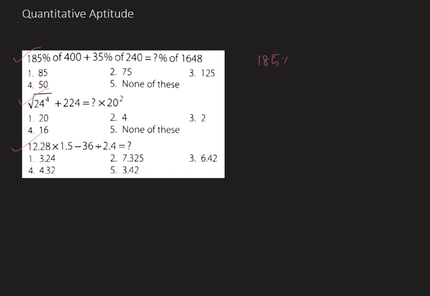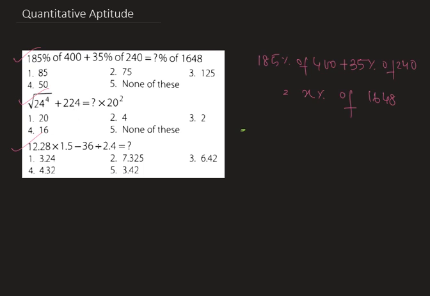185% of 400 plus 35% of 240 is equal to x percent of 1648.